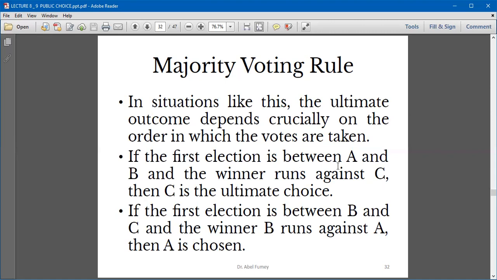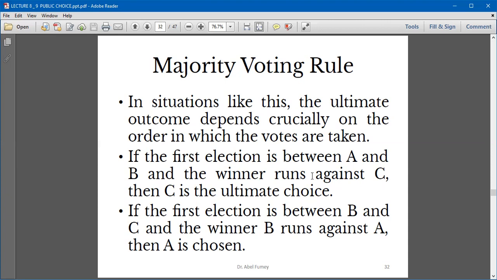In this case, when the election was conducted between A and B, the winner was A. So we run A with C. If C wins, we go for C. If A wins, we go for A. So first we pick one pairwise election, and then we run an election between the winner and the remaining option. Looking at the table, if we first use a pairwise election between A and B, A wins, so A will now face C. And when we held an election between A and C, C won.